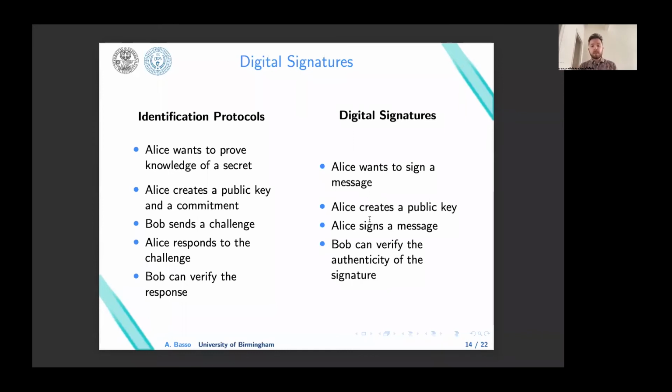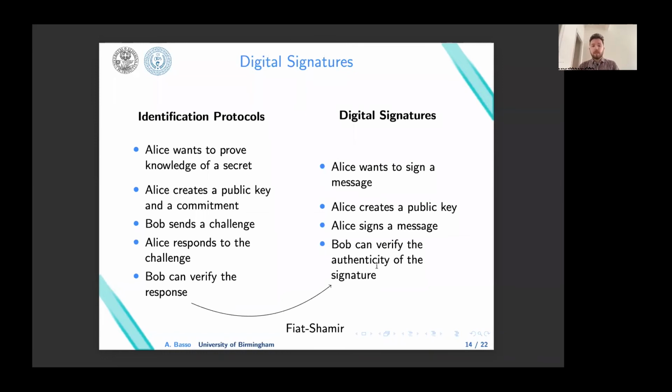And the way that this happens is also similar, but there is no challenge part. So Alice creates a public key, signs the message, and then Bob or anybody else can verify authenticity of the signature. But there is, again, a classic transformation from one to the other, which is called the Fiat-Shamir transformation.